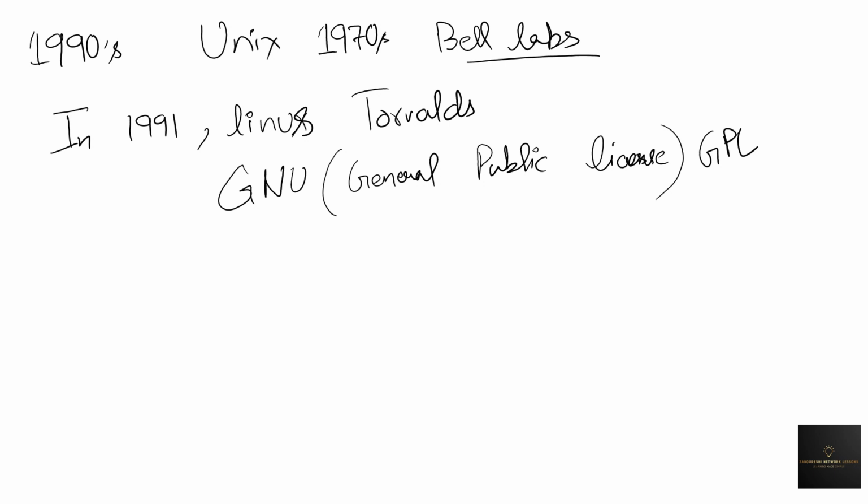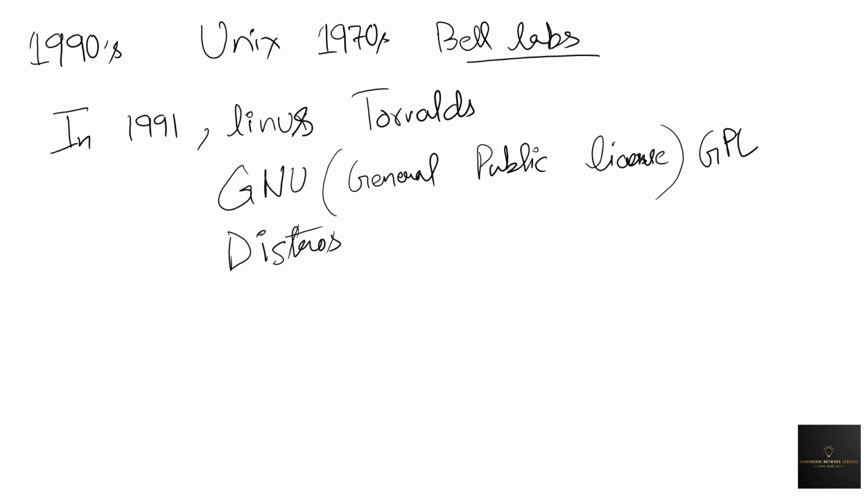Okay, the open source nature of Linux attracted developers from around the world, leading to rapid growth and improvement. Various distributions, or what we call distros, of Linux emerged, and we'll talk about this. Each was tailored to different needs and preferences.